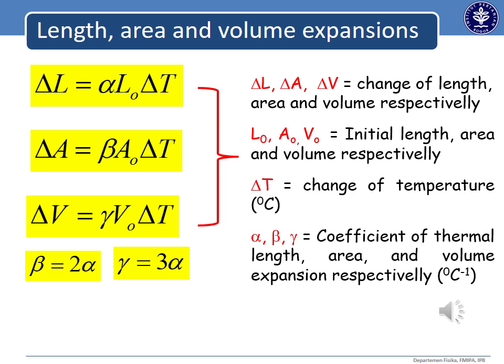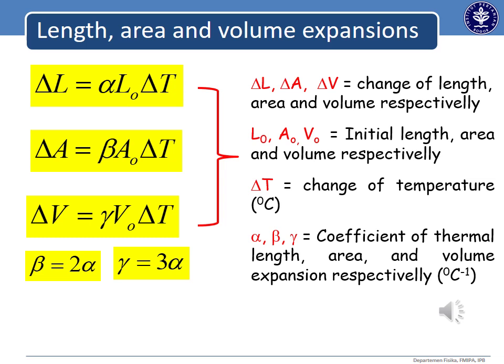For each dimension, we have a different equation, but the only difference is actually the coefficient alpha. Instead of alpha, the one-dimensional coefficient of linear expansion, for the two-dimensional we have beta. Beta is 2 alpha. Why?